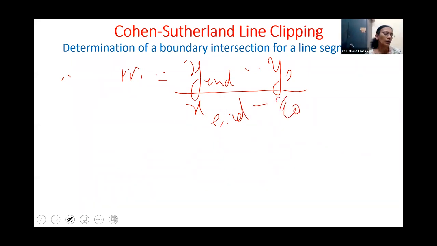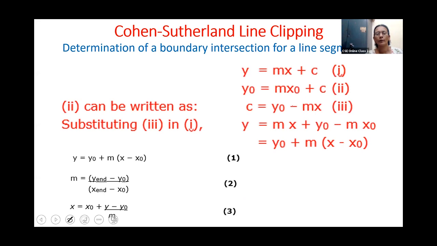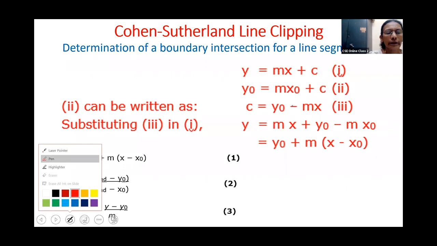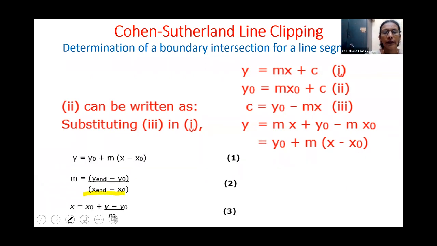Now I substitute this value in the previous equation. If I substitute this value here, then I will get x equal to x naught plus y minus y naught by m. Right?